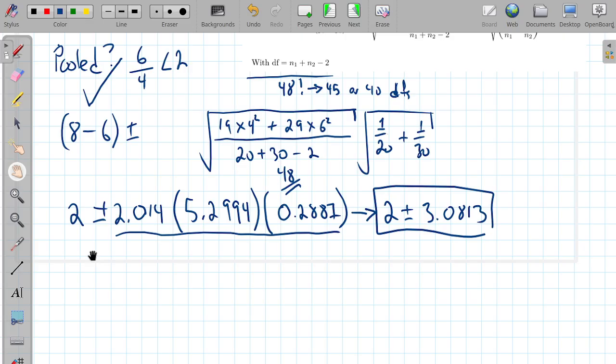So that should have been 2.6896. And of course that changes that.